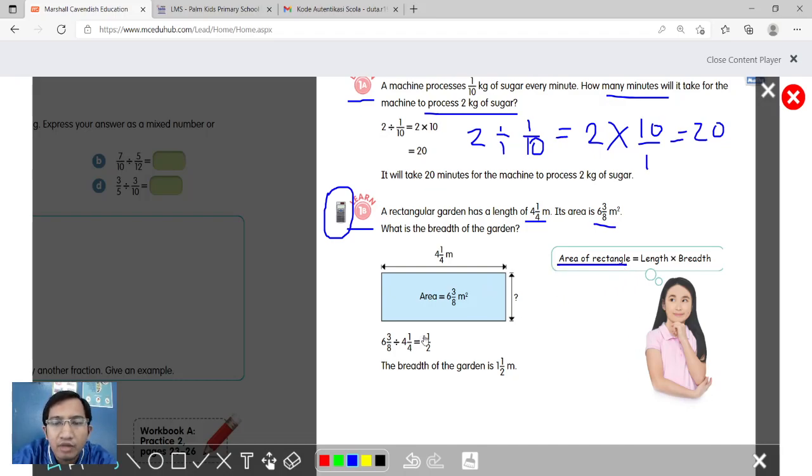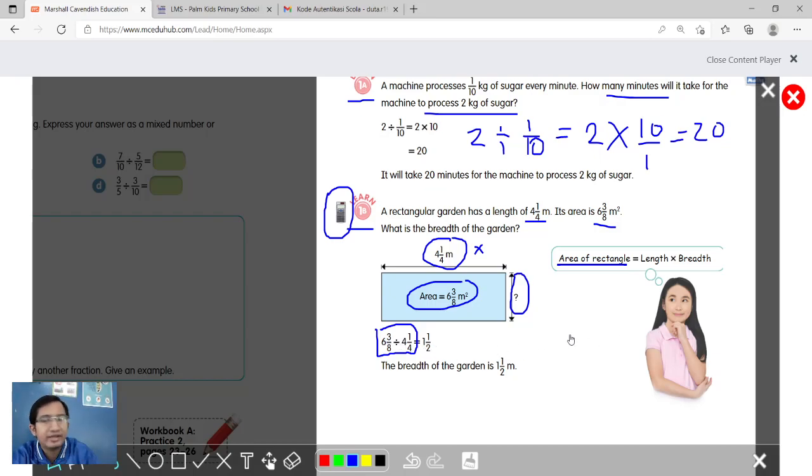We know the formula for area of rectangle is length multiplied by breadth. Now we know the area, so if we want to find the breadth, we just need to divide the area with the length. So we have 6 3 per 8 divided by 1 per 4 equals 1.5.